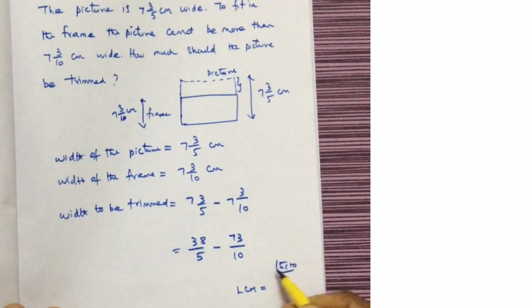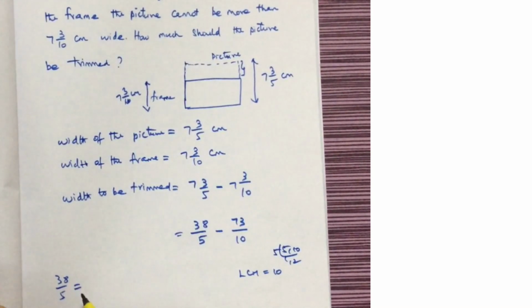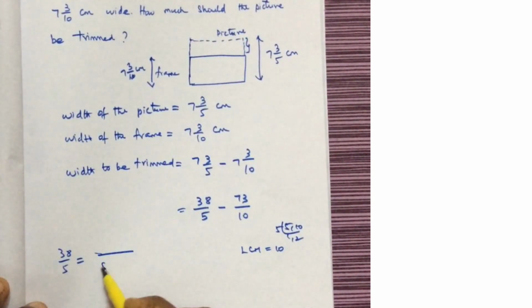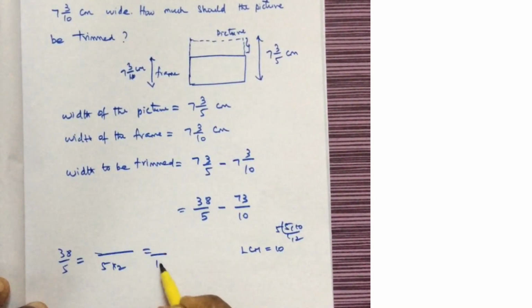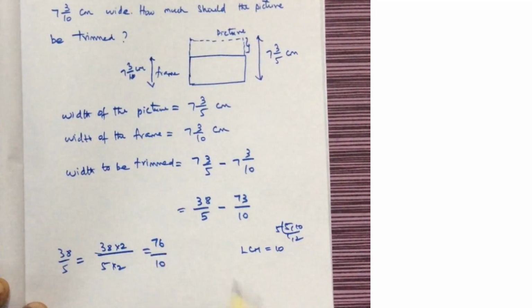5, 10, LCM is 10. So 38 by 5 you can write as 5 multiplied by 2, here it is 10, 38 multiplied by 2 is 76.